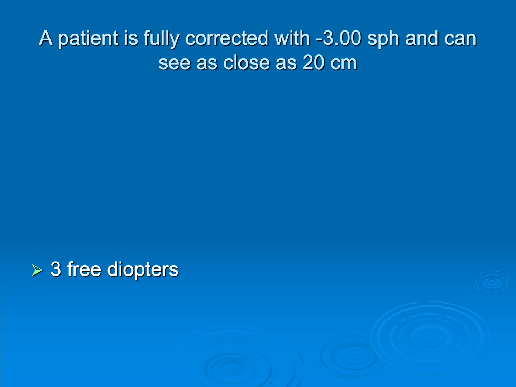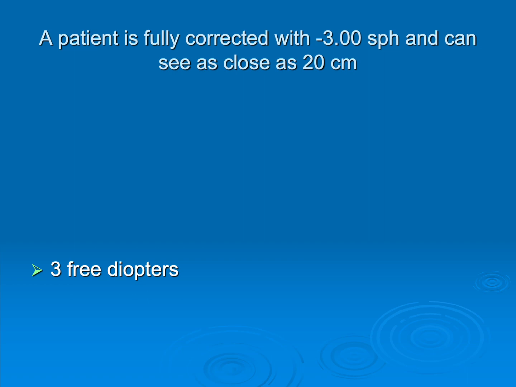So here we've got a patient that's fully corrected with -3, so telling us right off the bat that we're dealing with a -3 myope, so I'm getting 3 free diopters. I don't have to think to know that. And then once again, I have as close as I can see is 20 centimeters equaling 5 diopters. So if I'm getting 3 for free and the best I can do is 5, then how much is accommodation kicking in?